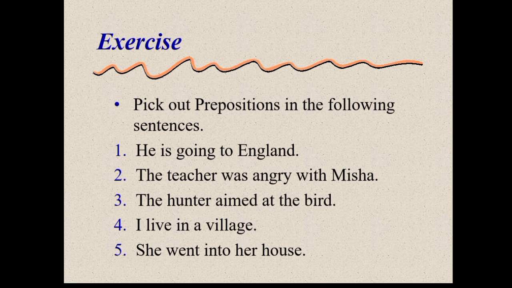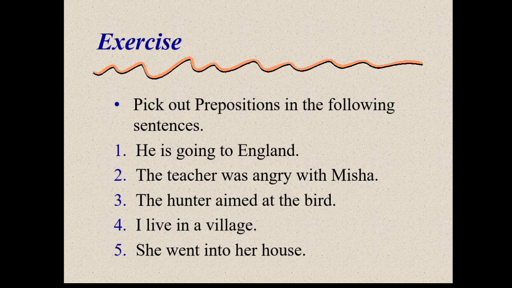It shows direction. Next, second, the teacher was angry with Misha. Here with means there is a relationship with Misha. So with is used as a preposition. Third, the hunter aimed at the birds. So which preposition is used?